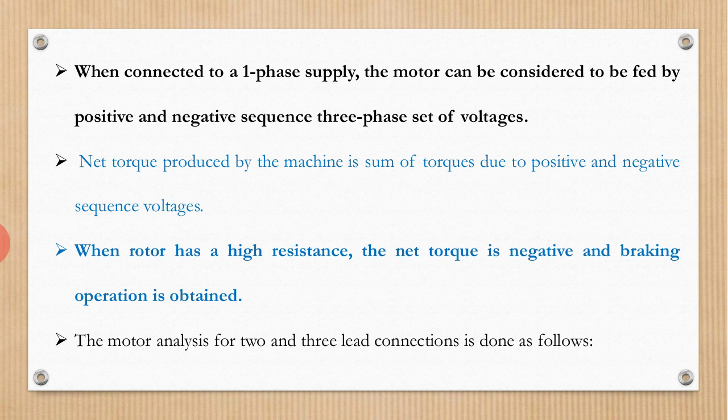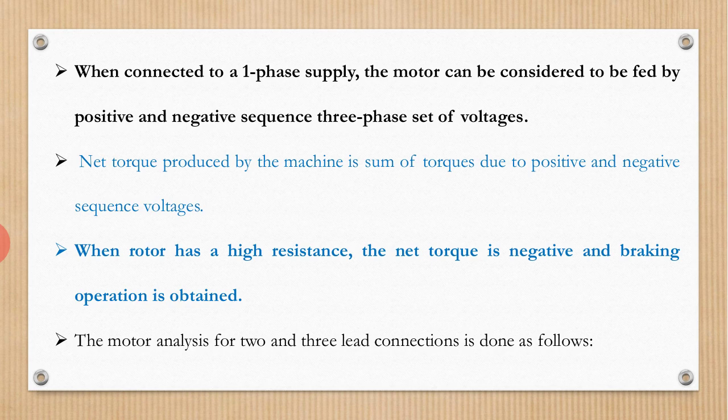Net torque produced by the machine is the sum of torques due to positive and negative sequence voltages. I have already discussed in part 2 the positive and negative sequence torque and voltage related issues.